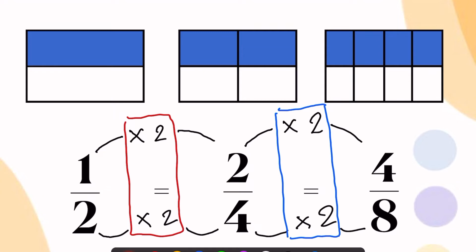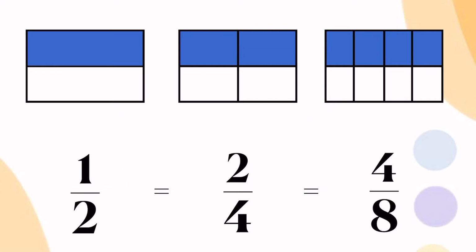So what about dividing? I want you to focus on 4 over 8 for dividing. When you divide something, you need to begin with the biggest first. We have 1 over 2, 2 over 4, and 4 over 8, so we begin with 4 over 8.